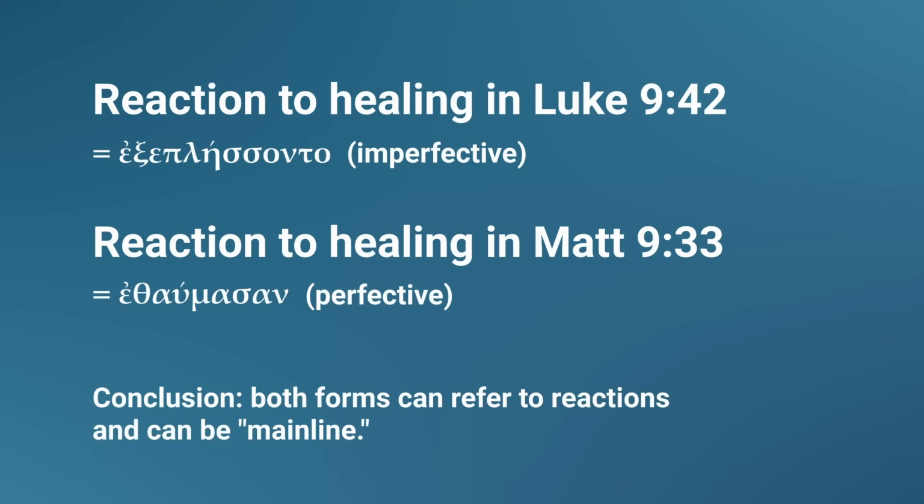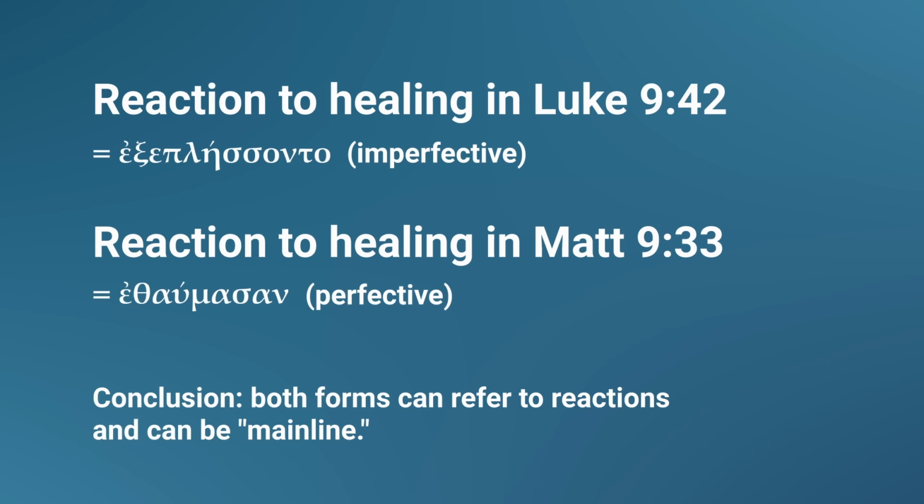And in fact, we saw the similar words ethaumasan in the aorist in Matthew 9:33, where it was also a main line event. In Luke 9:42, the reaction of all the people to a healing is described with exeplesonto in the imperfect.